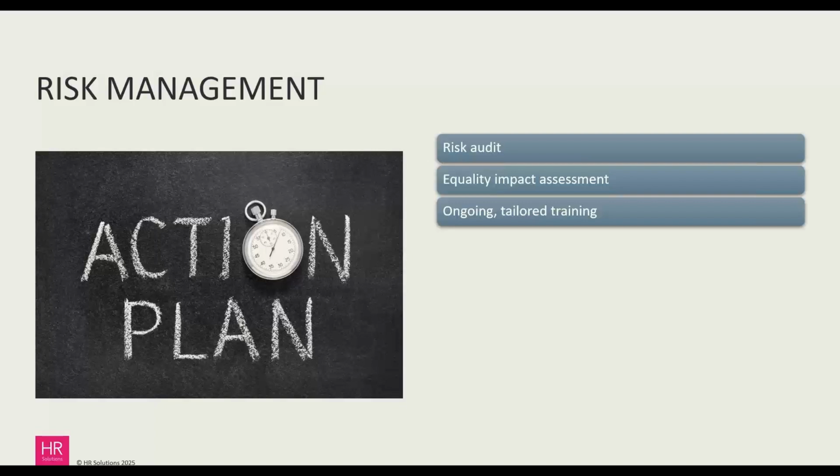It reduces the risk of unintentional policy breaches or discriminatory behaviour. And then in the event of a claim, evidence of a comprehensive training programme can demonstrate the business took reasonable steps to prevent the issue, strengthening the defence.